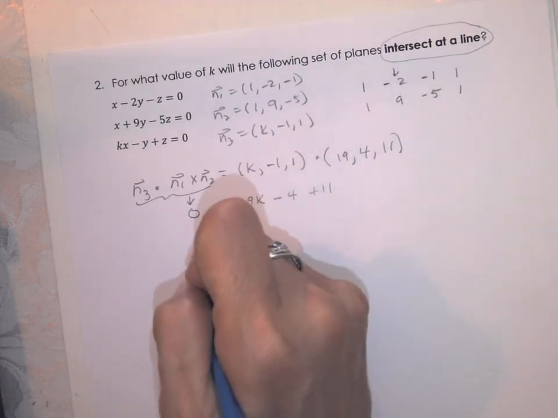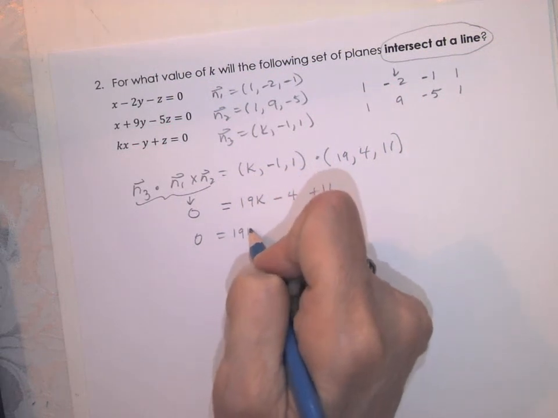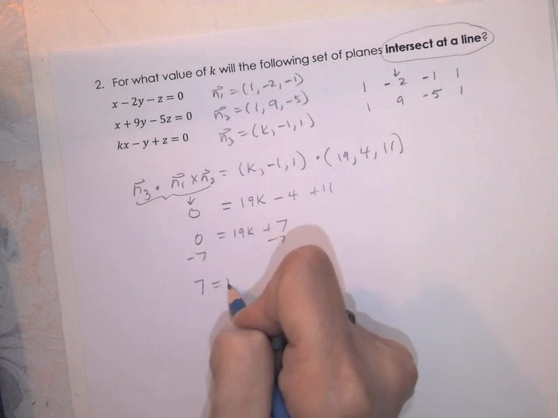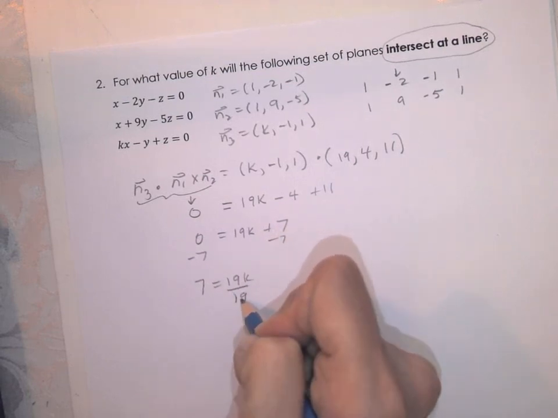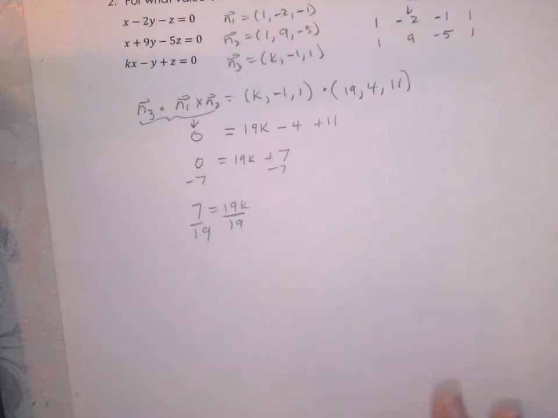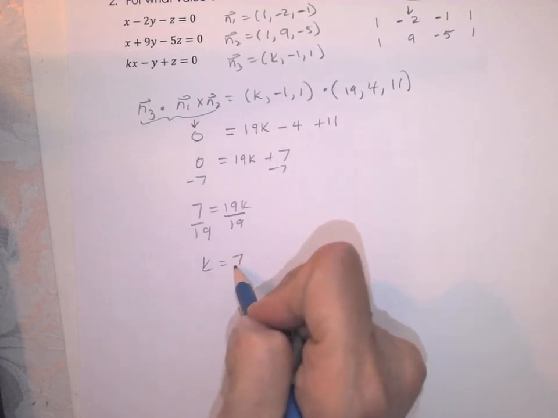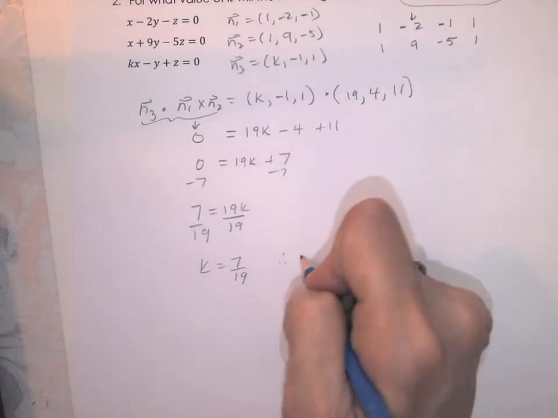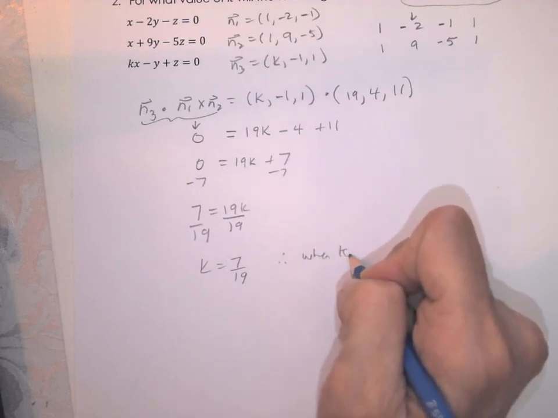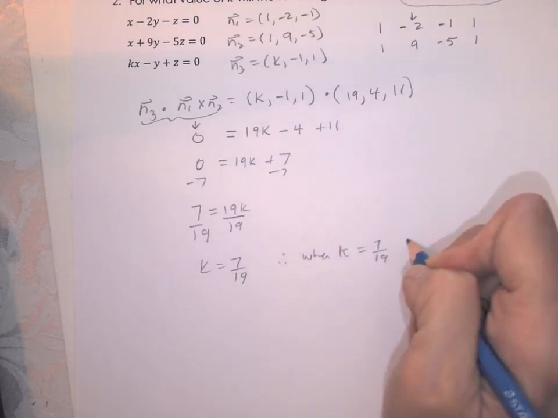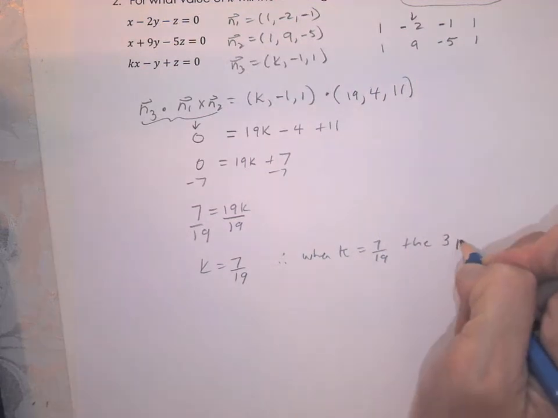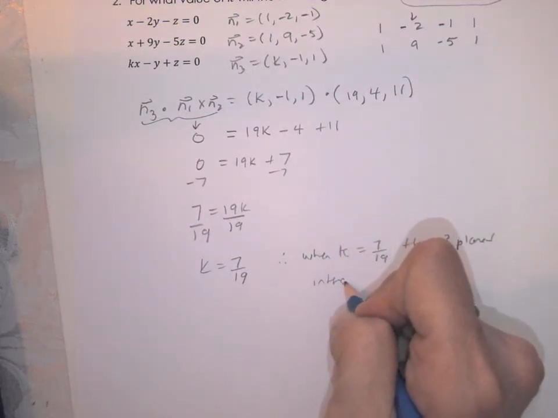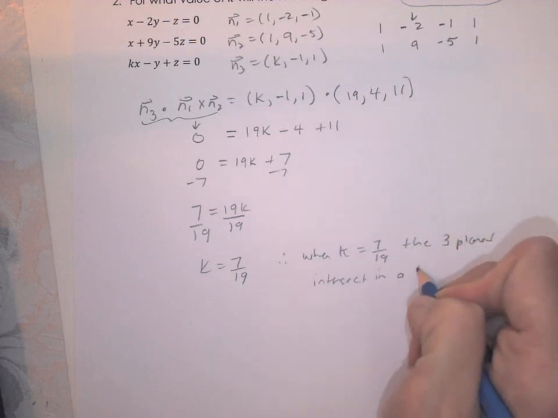So 0 is equal to 19k plus 7. So k is equal to negative 7 over 19. So therefore, when k is equal to negative 7 over 19, the three planes intersect in a line.